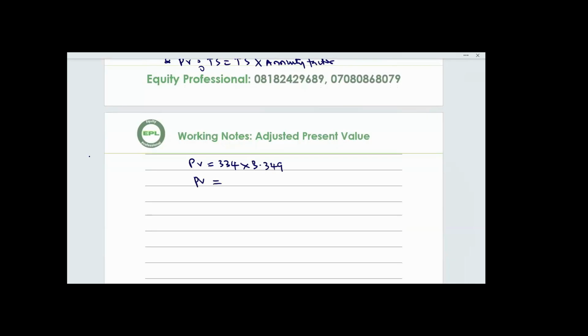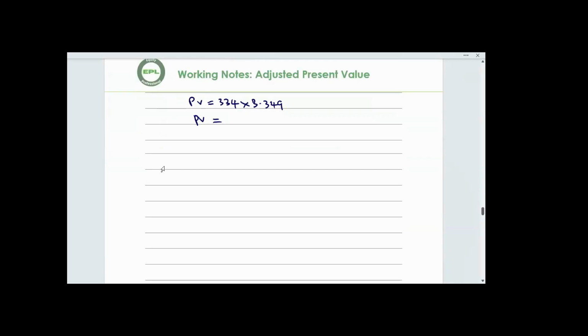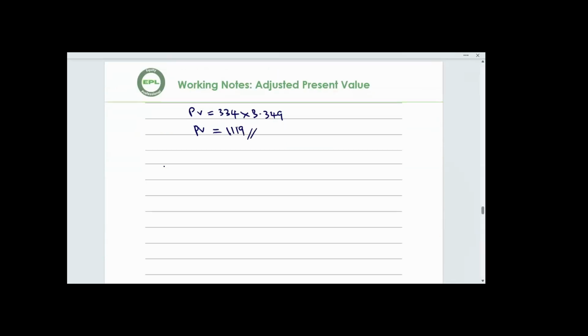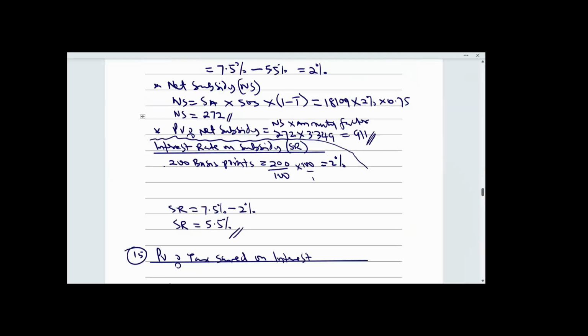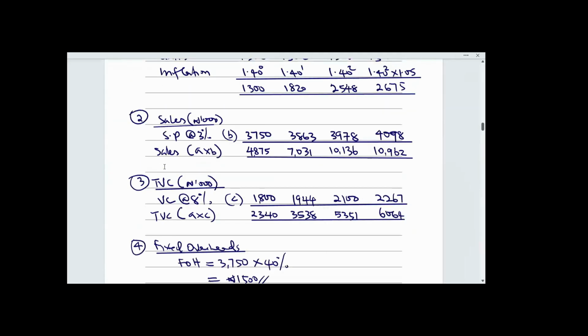So give it to me. What do you have here? 1119. So that's the PV of tax saved. So I will then come here, PV of tax saved, 1119.